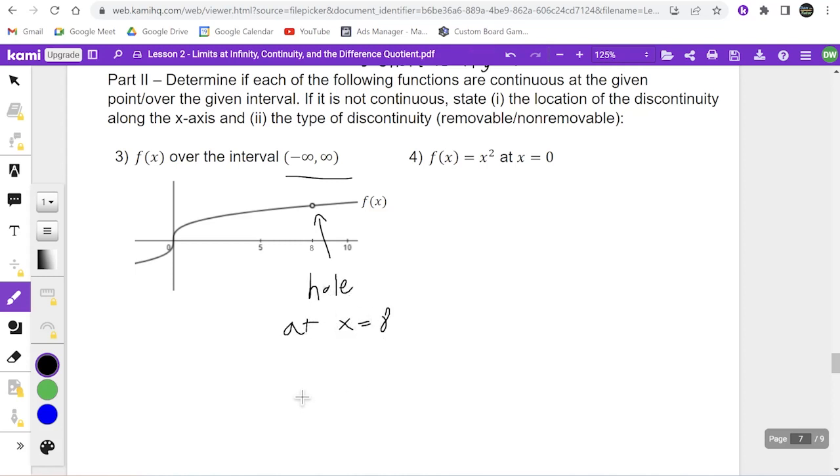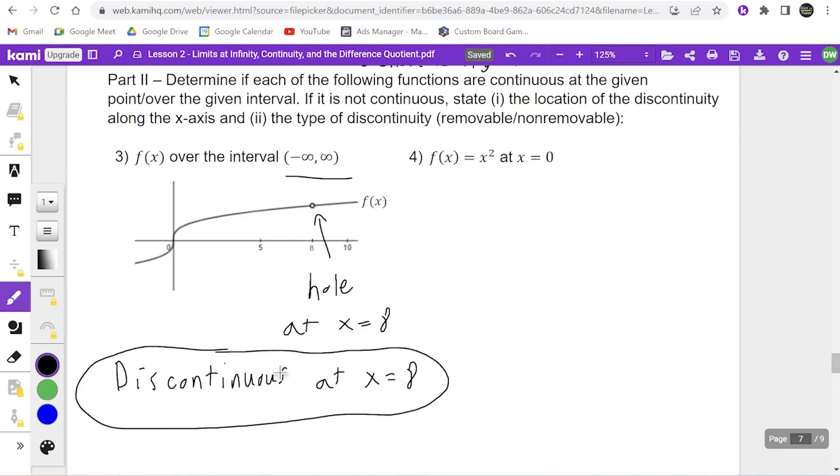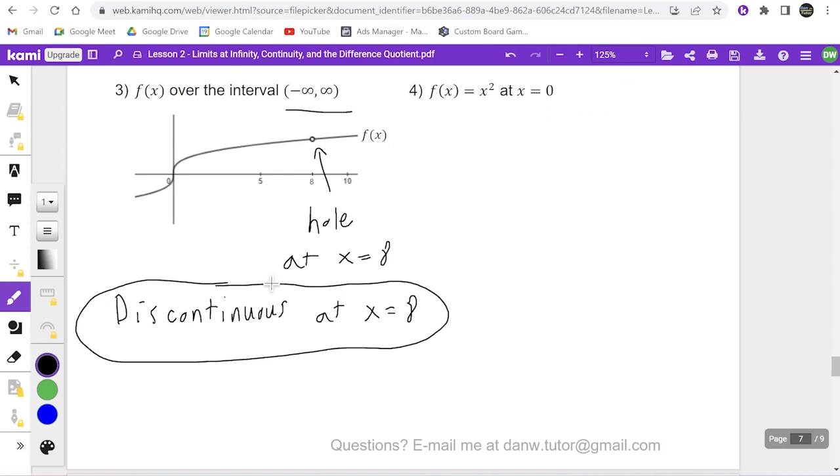And we know a hole in the graph is a discontinuity. So you can write discontinuous or you can write discontinuity, it's the same thing, at x equals 8. Okay, that's the first part. And by the way, the function's continuous everywhere else because there's no hole in the graph. There's no problems.